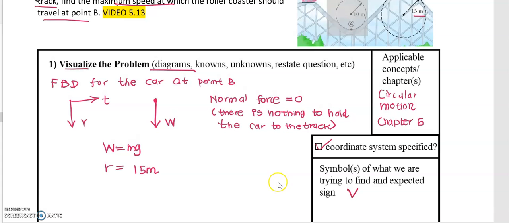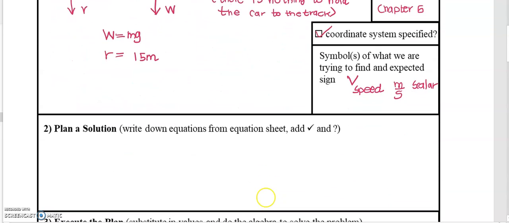And the symbols of what we are trying to find: we're trying to calculate the speed of the car at point B. We are actually trying to calculate the maximum speed. And the unit is meters per second. Speed is a scalar quantity.